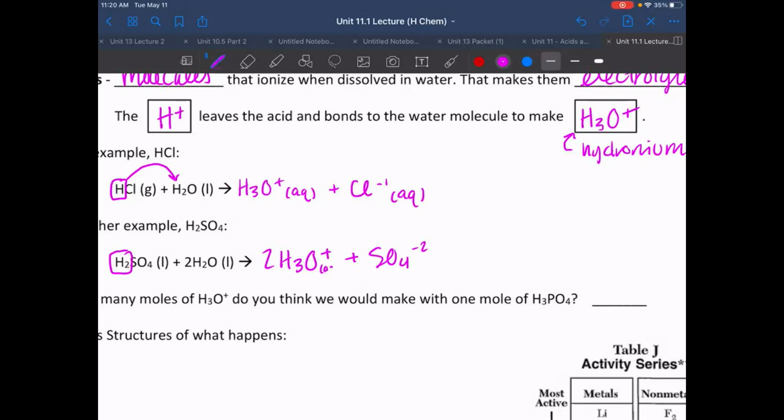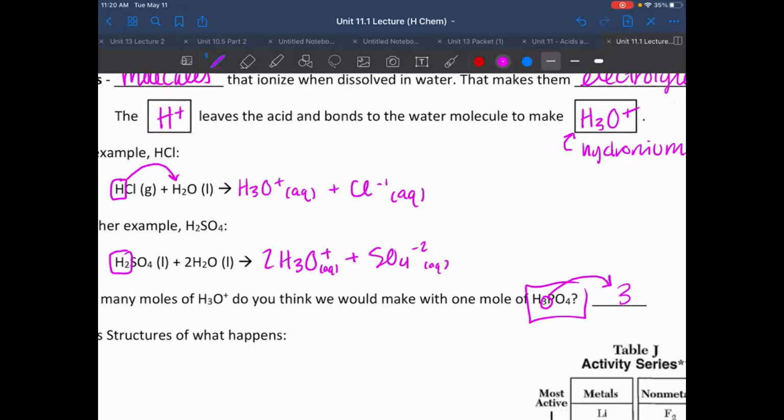Both of these are aqueous. What if I had phosphoric acid here? How many moles of hydronium ions do you think we could make? 3. So this all depends on the number of hydrogens that the molecule has to be able to donate. So it will change the number of moles we can make.